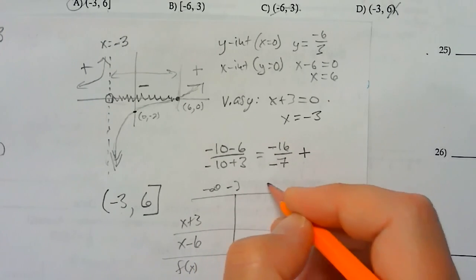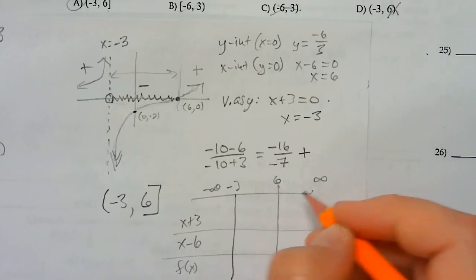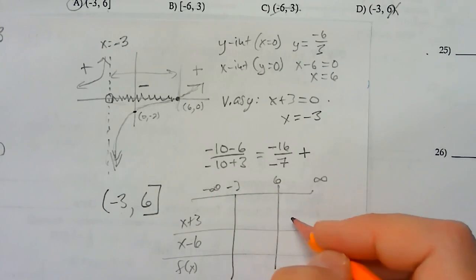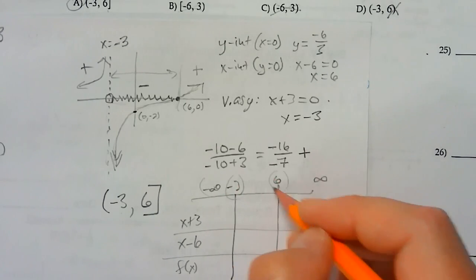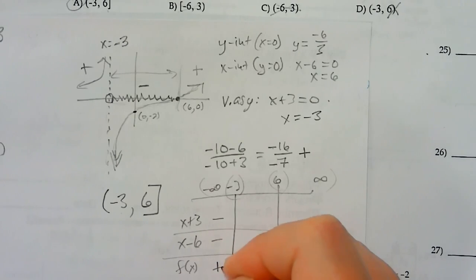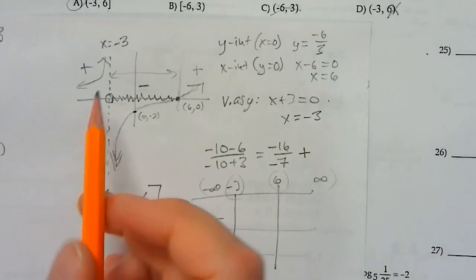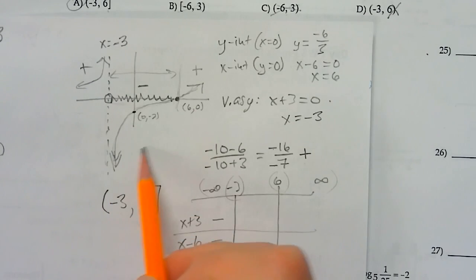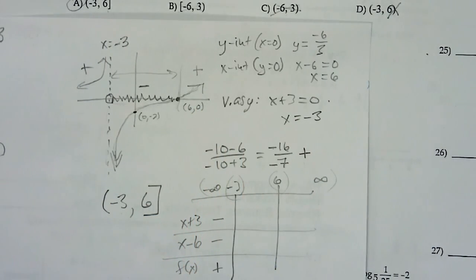We have -3 to 6, and then 6 to infinity over here. So we had these 3 regions. And we said, all right, it's all negative here, which makes this positive, etc., right? We did that analysis. So that was very similar to what I did here. I just drew it on the graph instead. So multiple opportunities and paths.